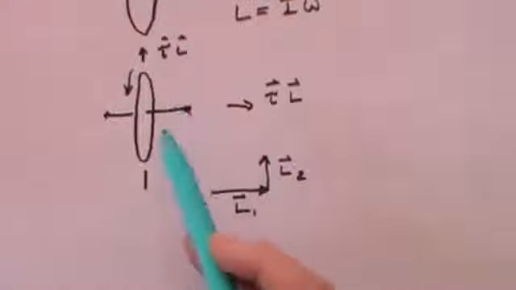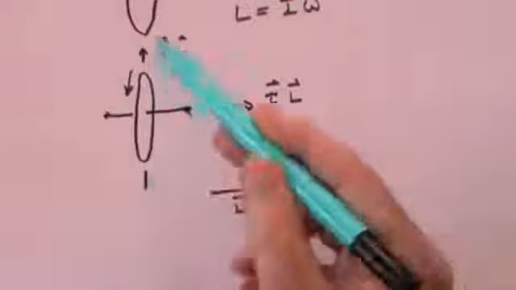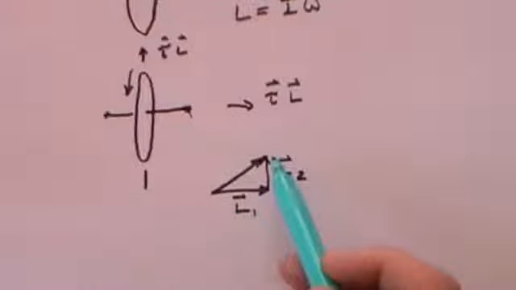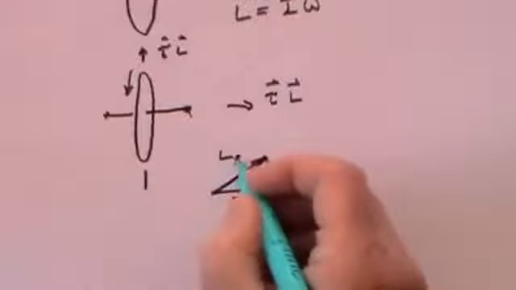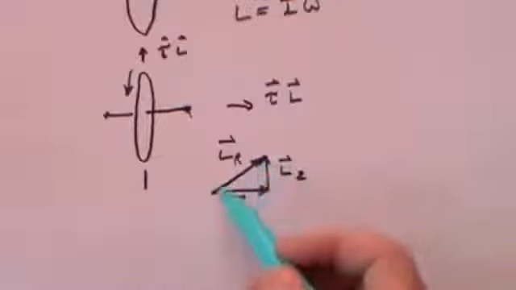That is due to me trying to spin the entire system about an axis in this direction. And the resultant vector is just joining the tail of the first with the tip of the second. And so this we can call LR, the resultant angular momentum vector, which is pointing in this direction.